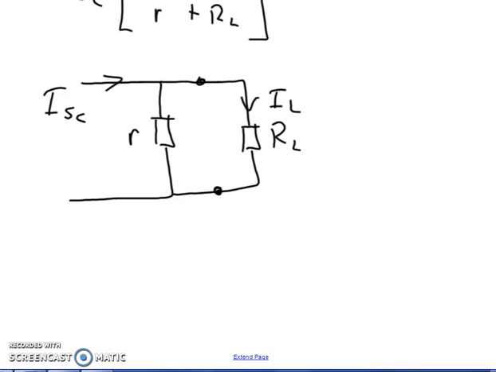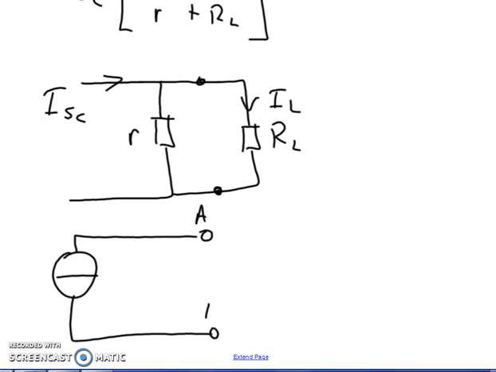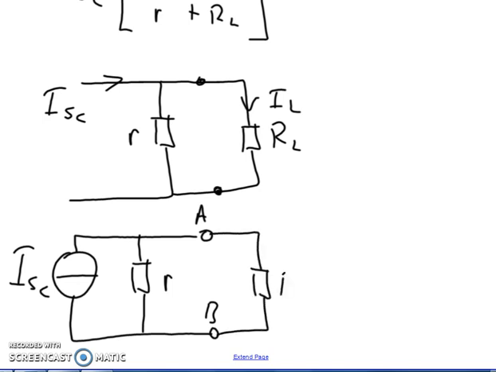The Norton equivalent circuit. A Norton circuit contains a constant current generator and a parallel resistor, looking like that. A load is connected to the circuit called RL.